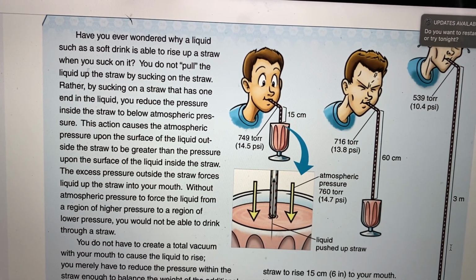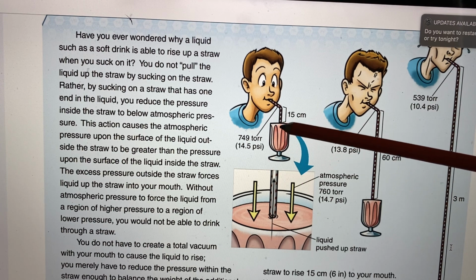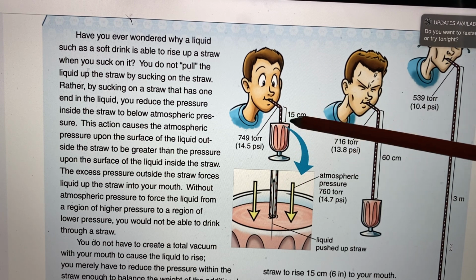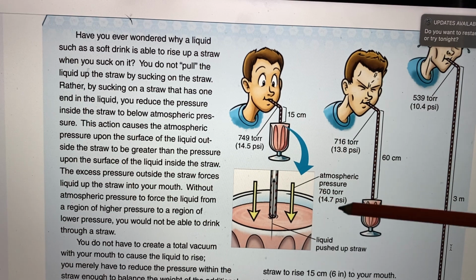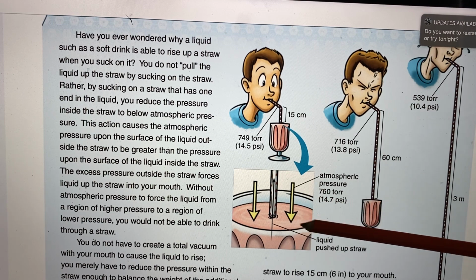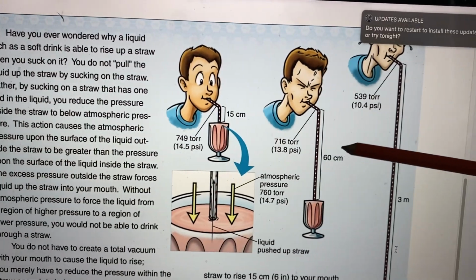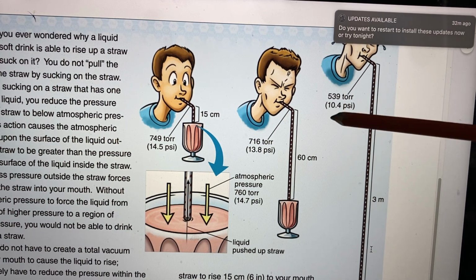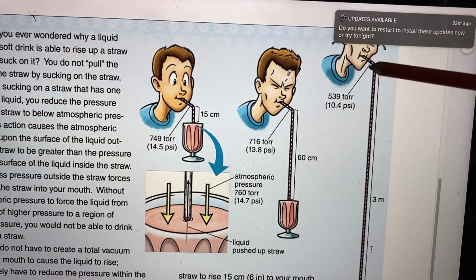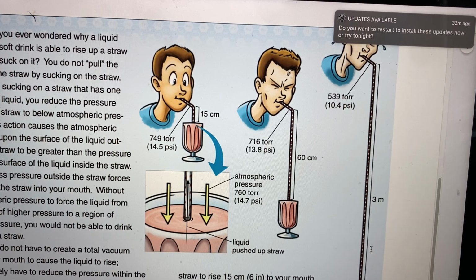So basically right here is 749 torr, and here we have 15 centimeters, and as you go with the torr, the atmospheric pressure is 760, you can see the difference here. Here we have a longer straw, and it's going to take 569 torr up here, and it's this long.